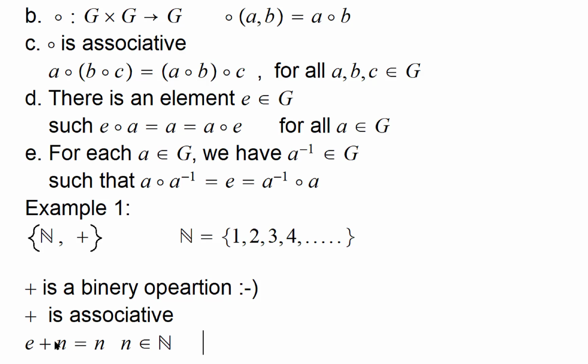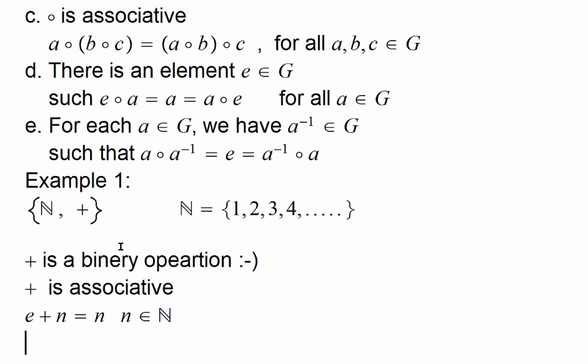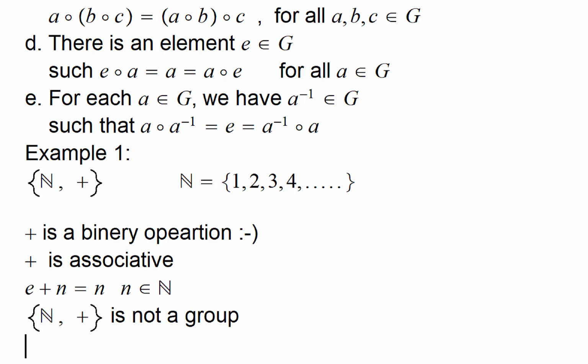And E for addition will have to be 0 if we are looking at our regular addition. So this with our regular addition is not a group, right? So N is not a group, all right?